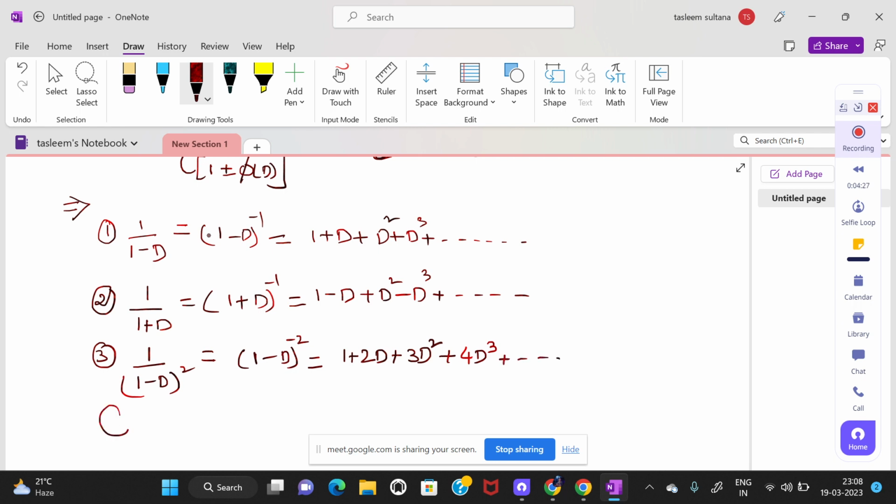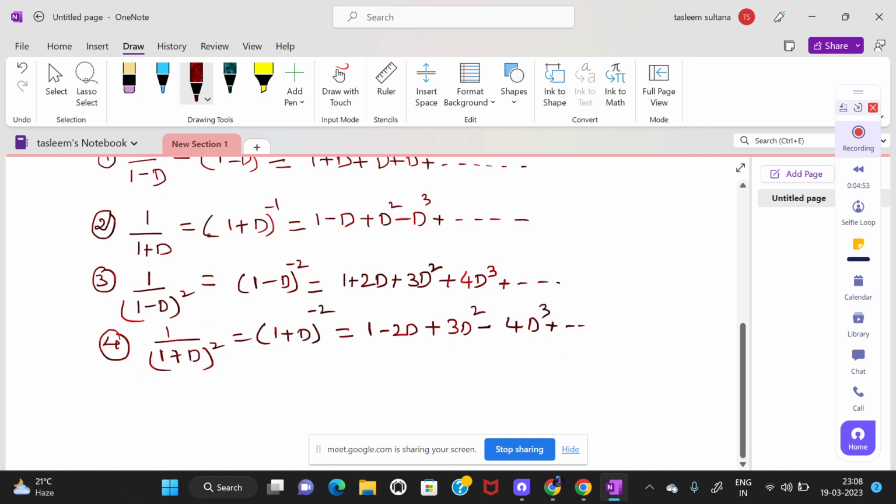Fourth will be 1 divided by 1 plus D whole square, which you can write as 1 plus D whole to the power of minus 2, which is equal to 1 minus 2D plus 3D square minus 4D cube plus so on.